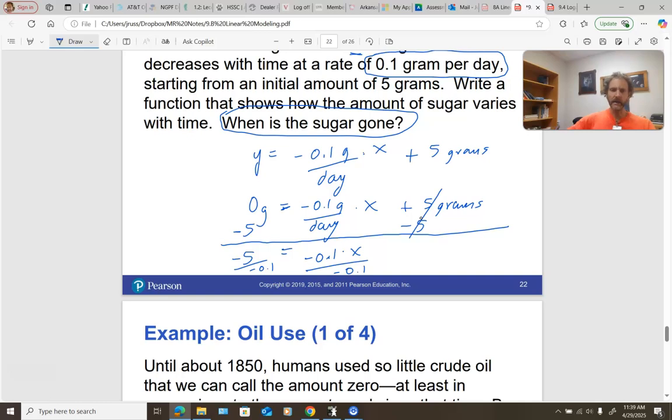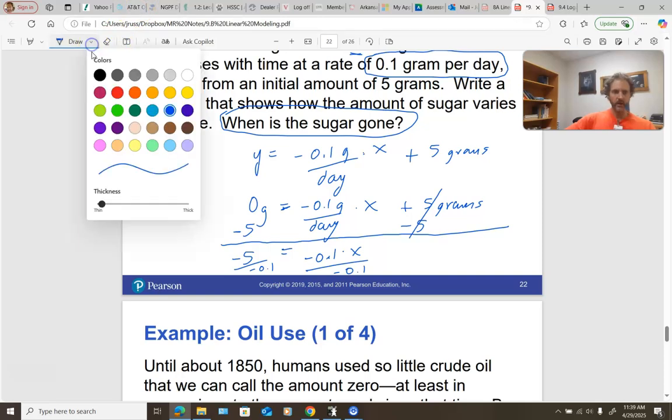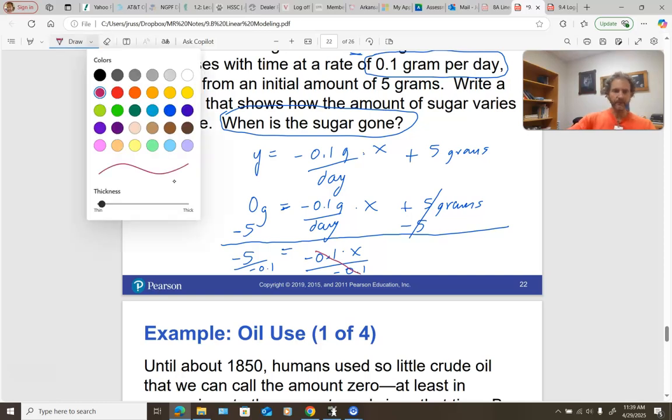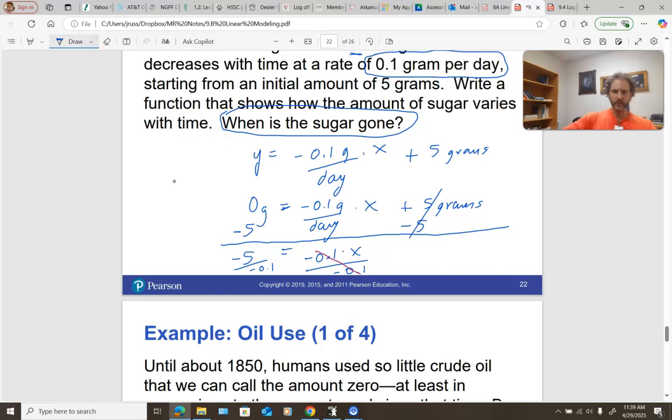And when you divide the right-hand side, anything divided by itself is 1. Or, if you think back to the unit analysis that we did earlier in chapter 2, these divide out, or they cancel. And so we'll just be left with x is equal to, and now what I need to do is divide the negative 5 by the negative 0.1.